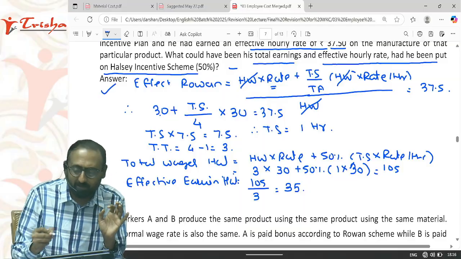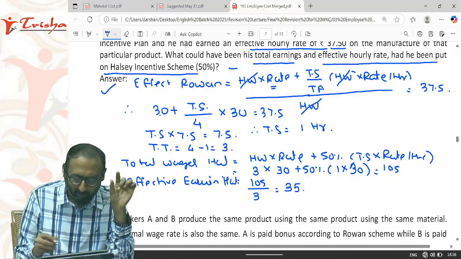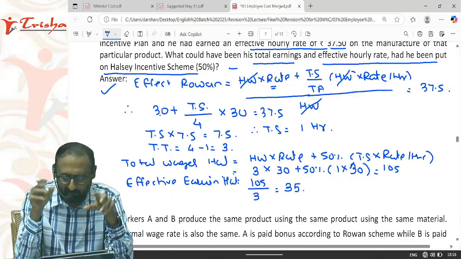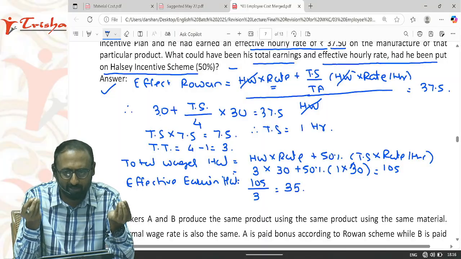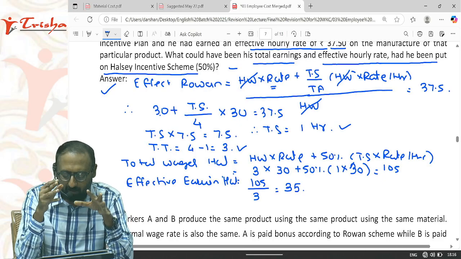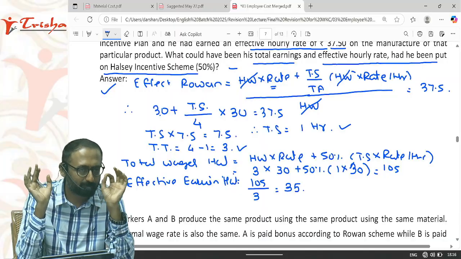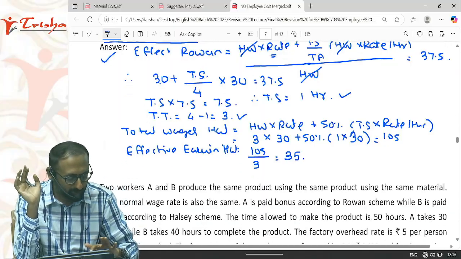They will give effective earning under Rowan, so follow that effective earning formula. Hours will get cancelled and you will get time saved. Once you get time saved, you can immediately calculate time taken, and then you can calculate total earning and effective earning. So this was a very important question.